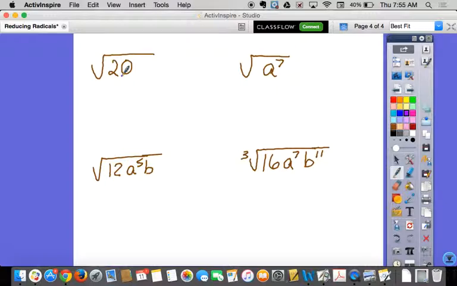It went from 4 squared was 16, and it jumped straight to 5 squared was 25. So what you need to do is think about the numbers that we listed, all the perfect squares. Is there one that divides into 20? And make sure you heard the word divides into 20, because we want to write 20 as a product.